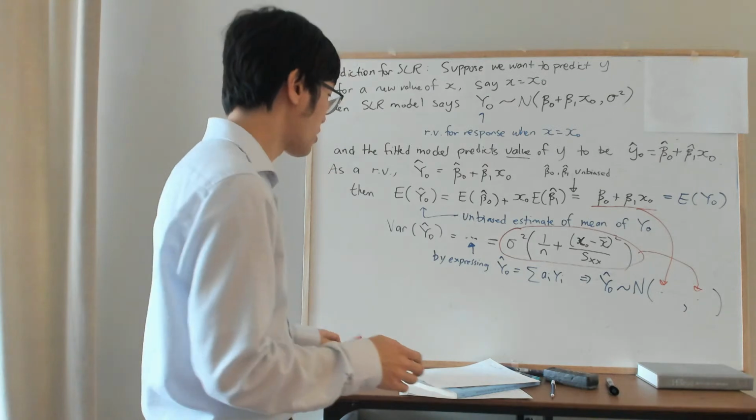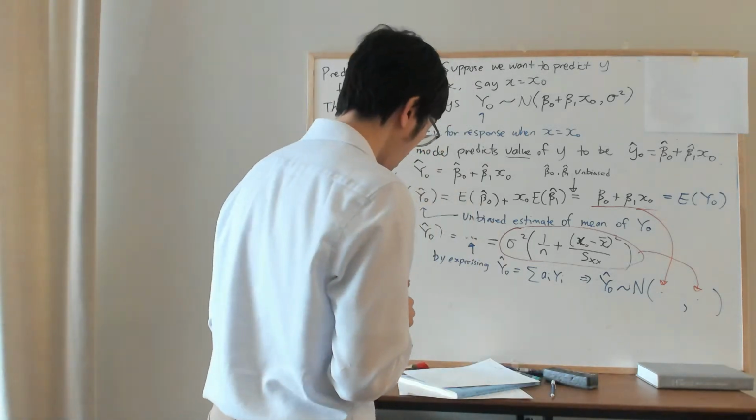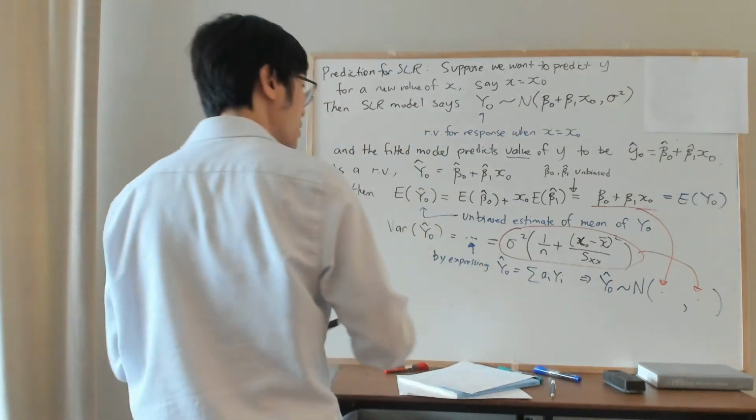To do that, let's define one other concept, which is the prediction error. We're going to define it as a random variable. I'm going to write it and then explain.